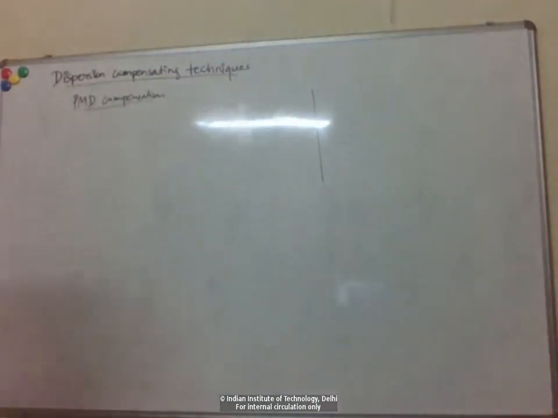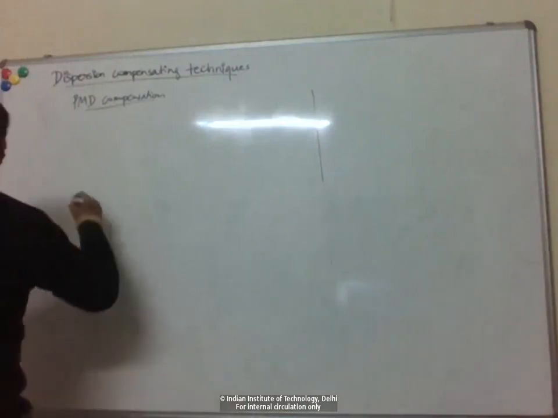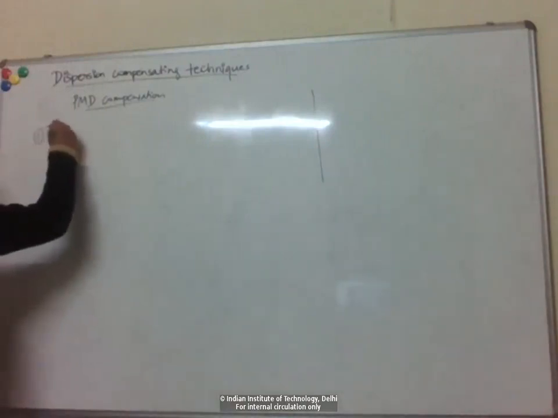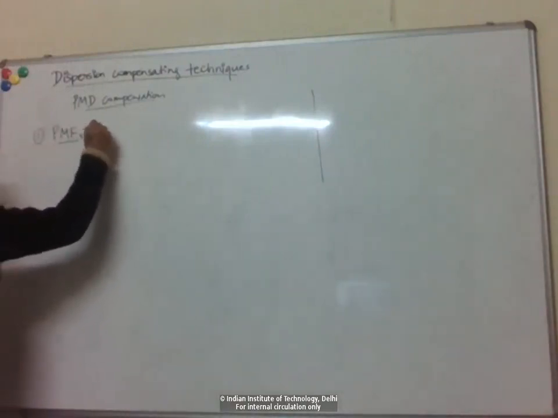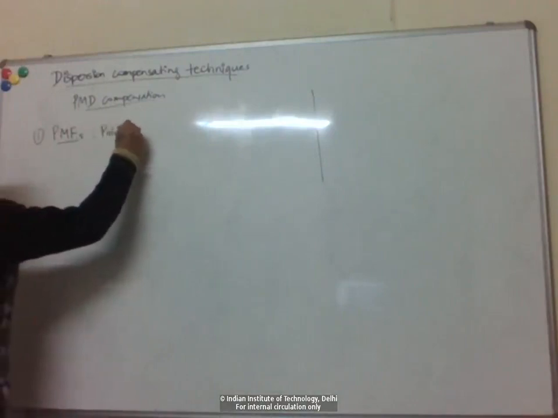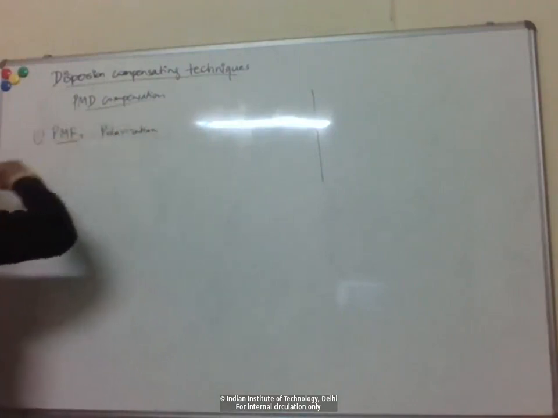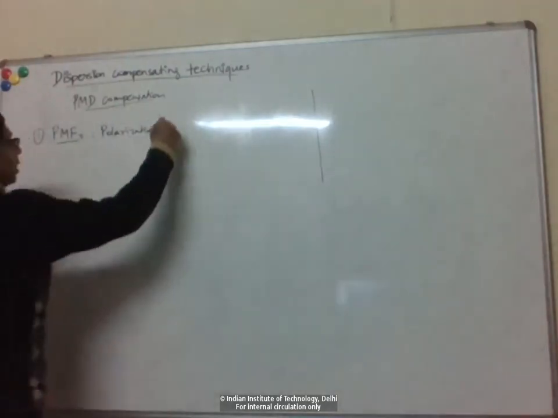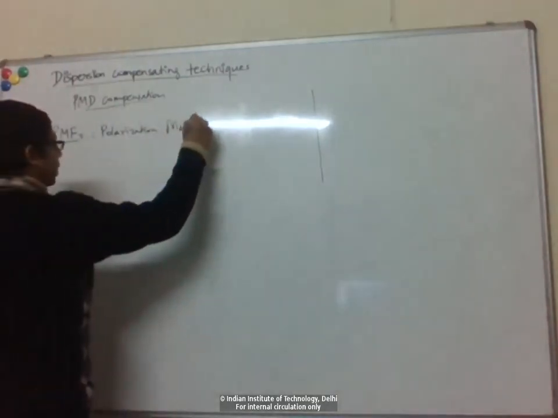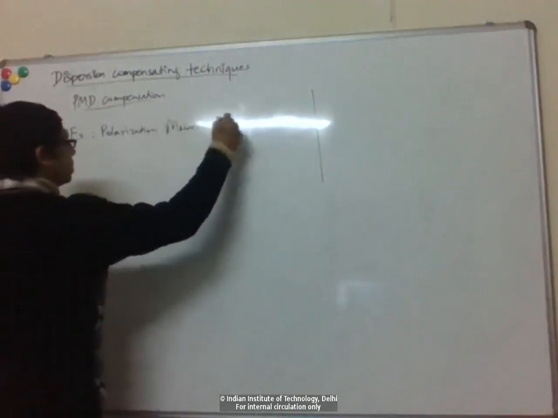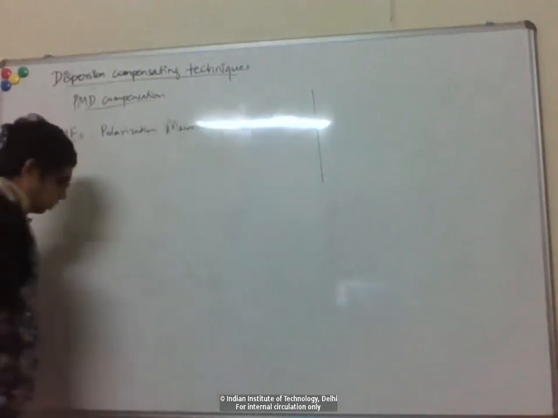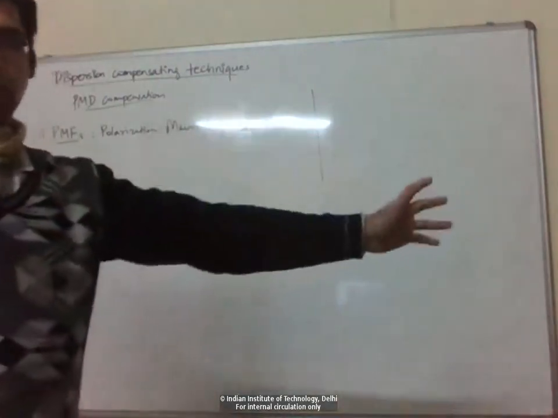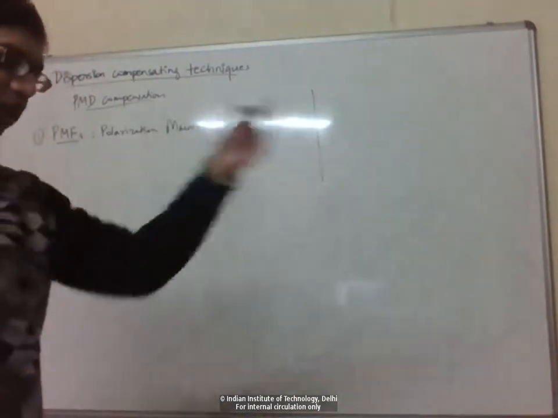Okay, so one brute force way to just eliminate PMD totally is to use what are known as polarization maintaining fibers. So recall this PMD was coming from the fact that basically our fiber core is circular and it doesn't remain perfectly circular all along the length of the link, right?